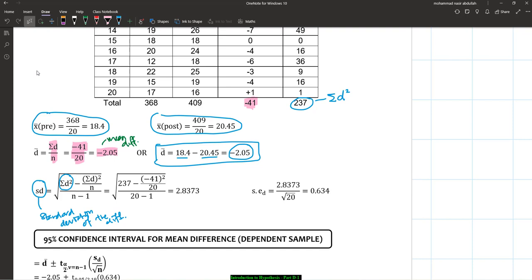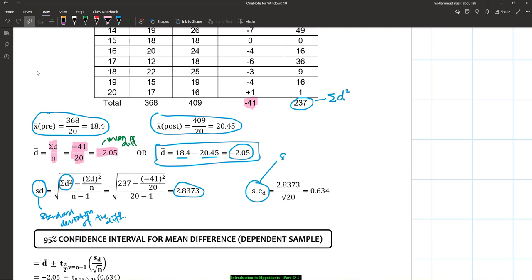So the summation of d squared minus the summation of d, squared, divided by n, and everything divided by n minus 1, taking a square root for everything. So you will get the standard deviation of the difference, which is 2.8373.